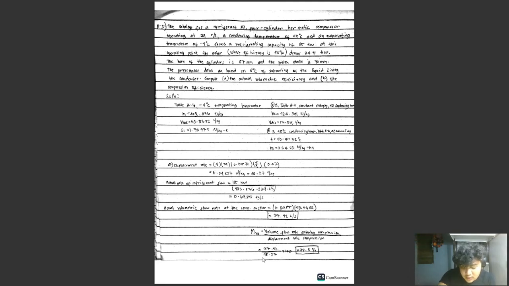So substitute the values. We have 37.42 over 48.27 times 100. So for A, our answer for the actual volumetric efficiency is 77.5%.